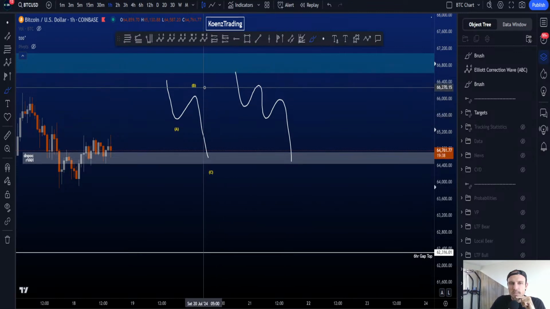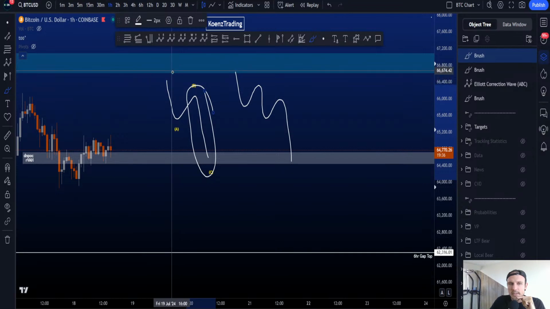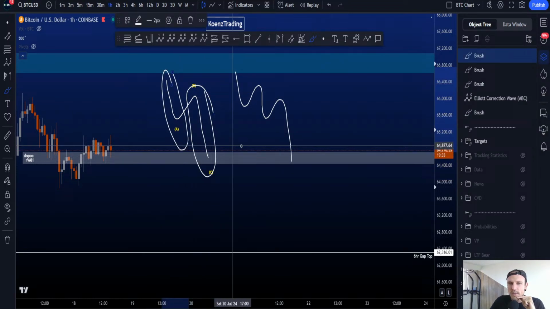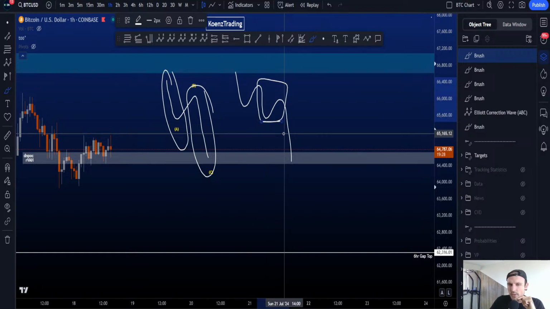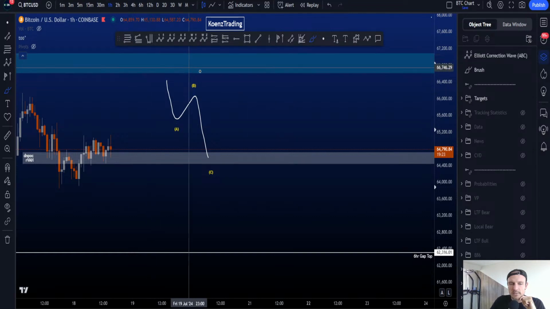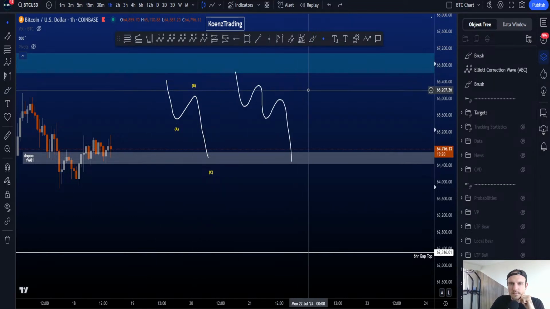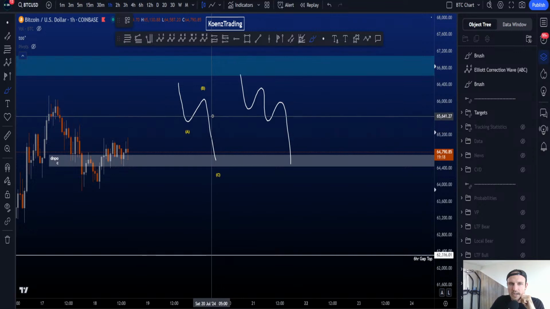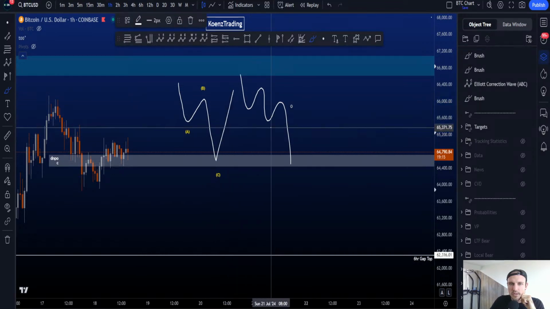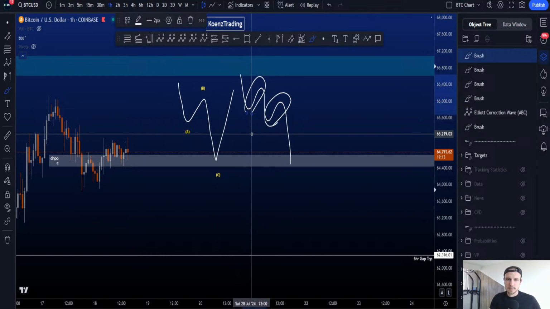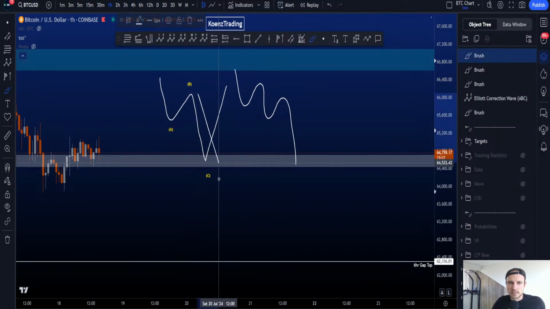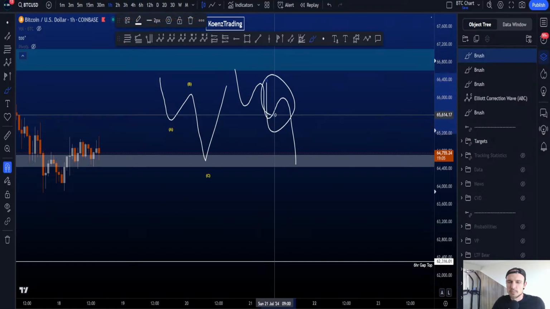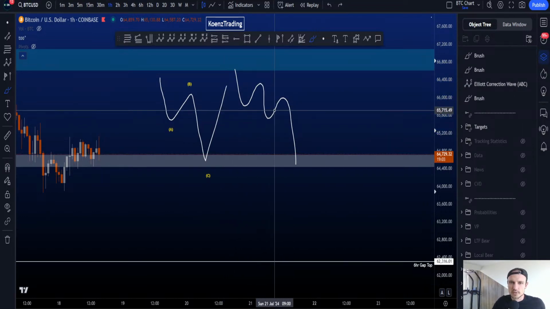Second, your wave C is typically the same size as your wave A, but in a double 1-2, preferably your second one and second two are a little bit shorter in price and time, right? It's all probabilities. So you have, after ABC, impulse up, and these are corrective. And you have the extension. Wave C similar to A. The next 1-2 preferably a little bit shorter in time and price than the first 1-2.